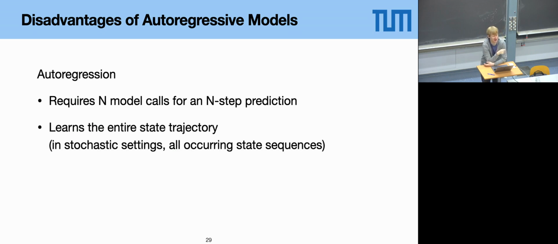Even though you're not only interested in a prediction after 50 steps, you have to learn all the 49 states of the simulation or of the system in between. In stochastic settings, that is even worse, where you don't just have this one trajectory, but you have a distribution of trajectories. You have to understand them all in order to make a prediction after n steps. So that way the learning task is much more complicated.